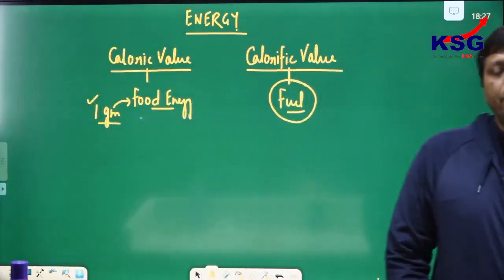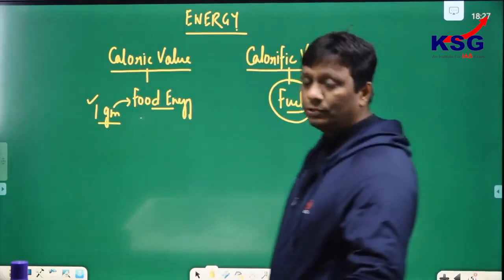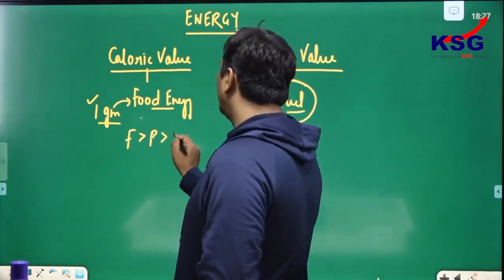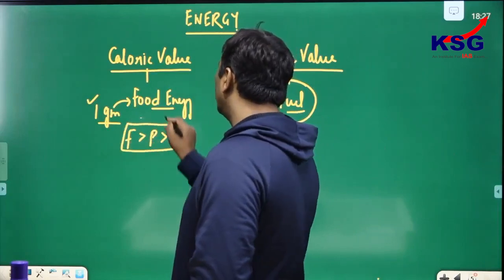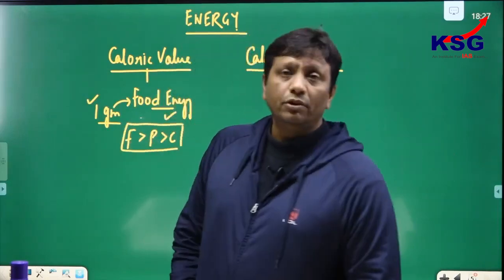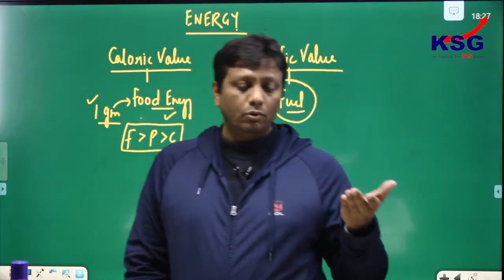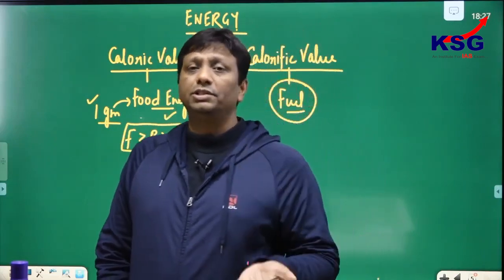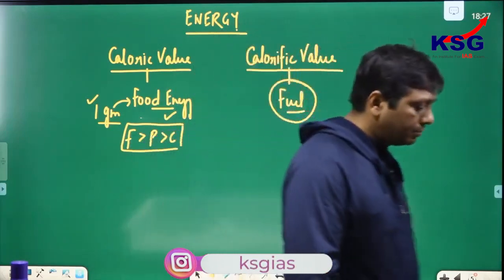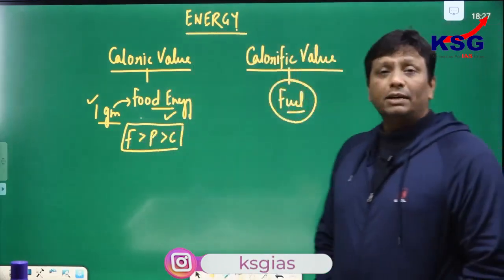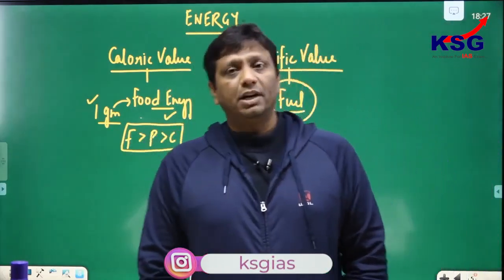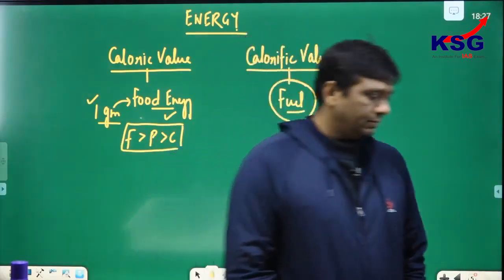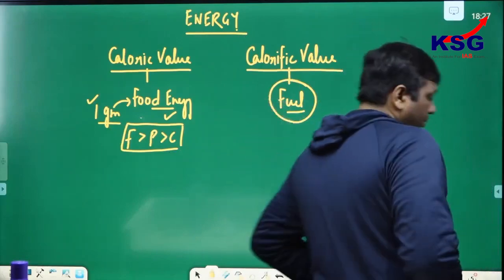The order of calorie value of food is fat, then protein, and then carbohydrate. I don't know who mentioned in NCERT that carbohydrate has the maximum calorie value. I'm also searching for the same person, guys, don't worry. So among 1 gram of fat, protein and carbohydrate, which generates maximum energy? The answer is fat.